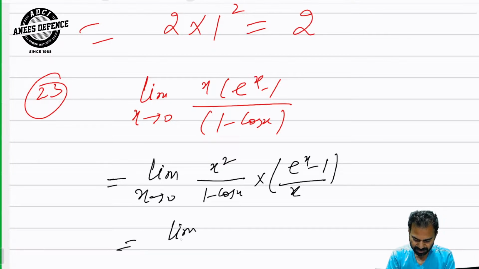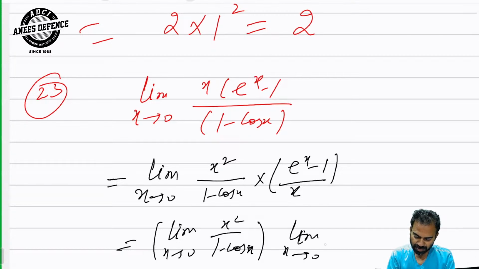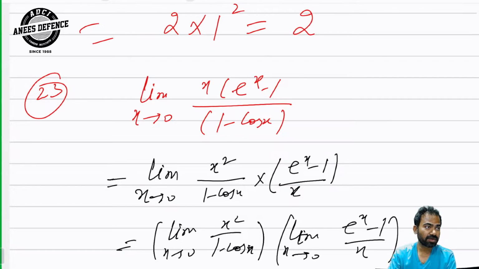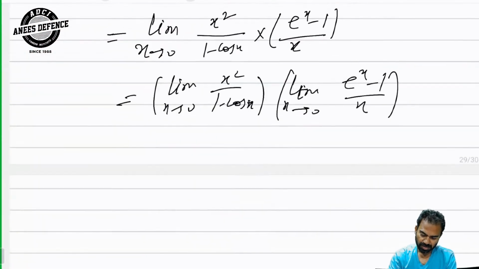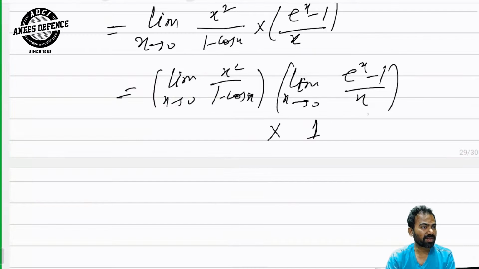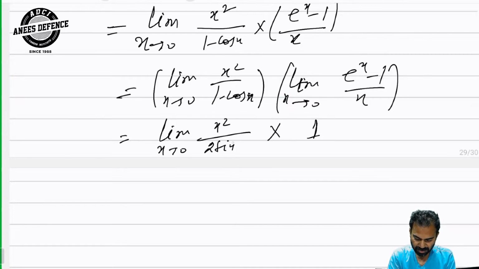So I will find the limit of these terms separately: x square upon 1 minus cos x, and limit x tends to 0 of e to the x minus 1 upon x, okay? Right? So it will be 1 by the formula. For x square, 1 minus cos x will be 2 sin square x by 2 by the formula.